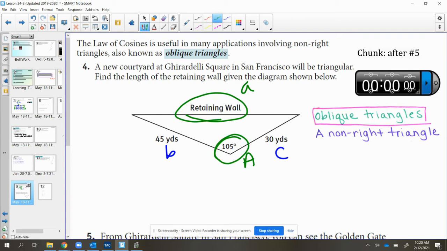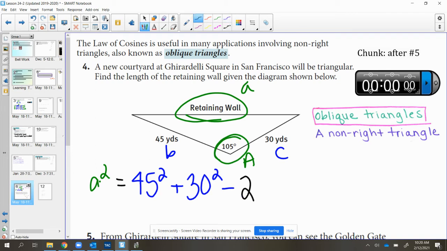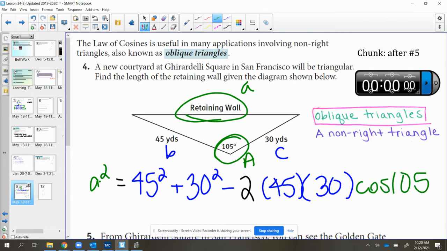So we would have a squared, which again is what we're looking for, equals b squared plus c squared, minus 2 times b times c times the cosine, and you're going to want to make sure you're in degrees here, of our angle, which is 105.